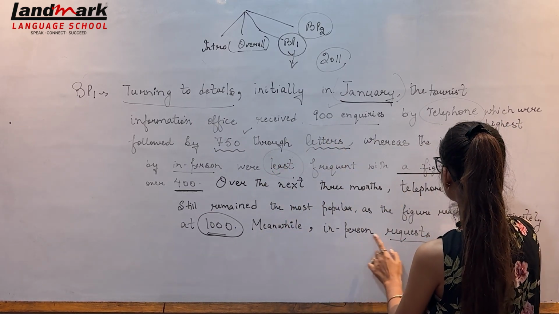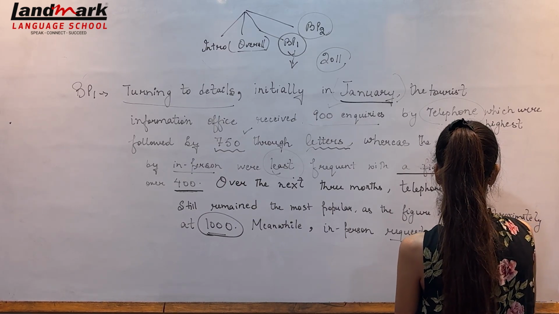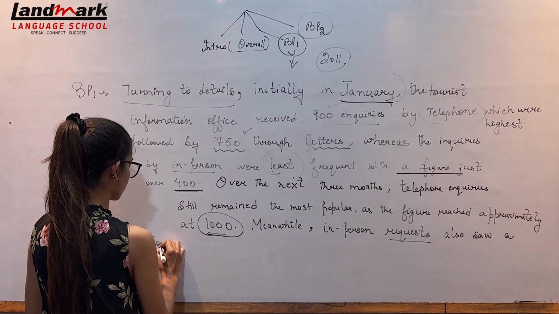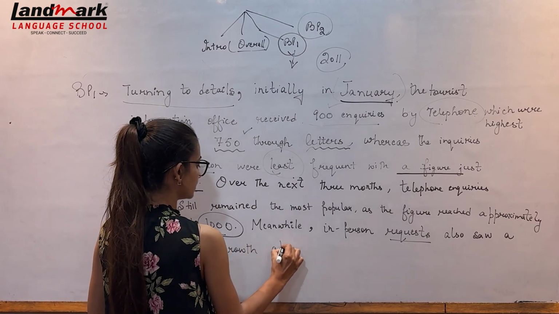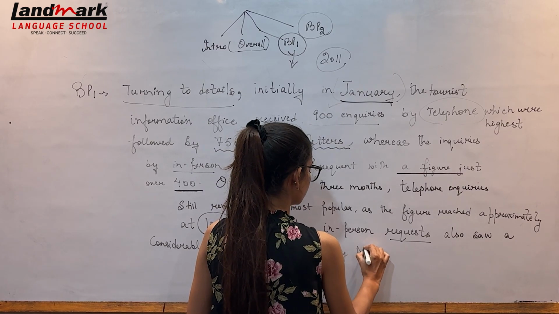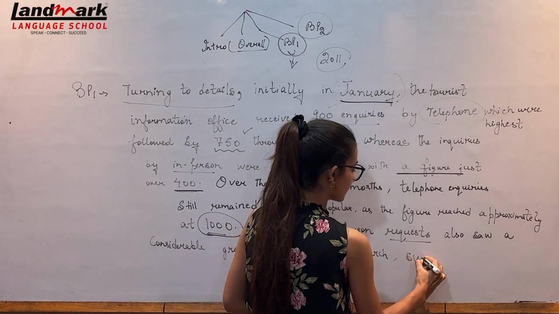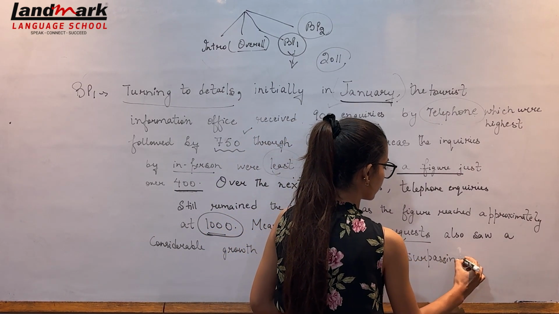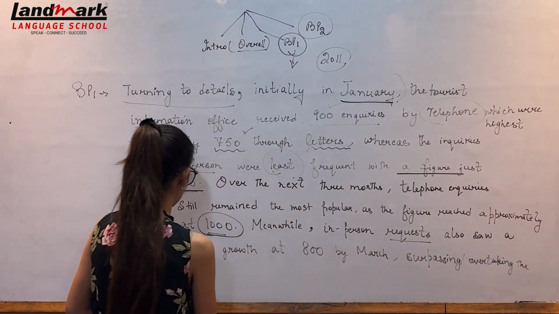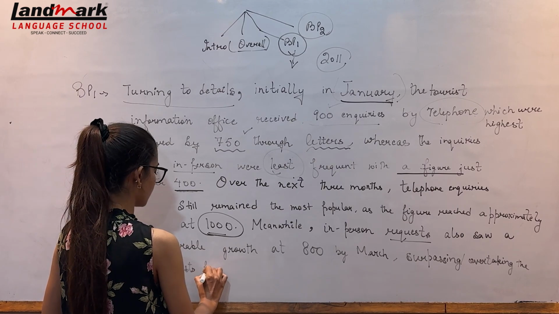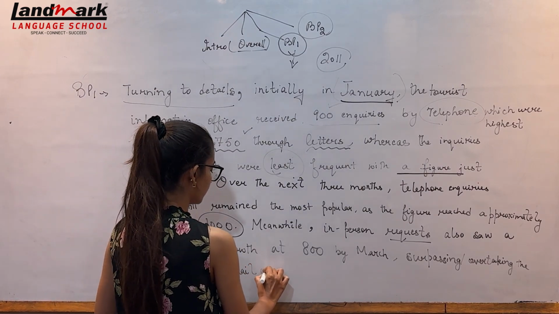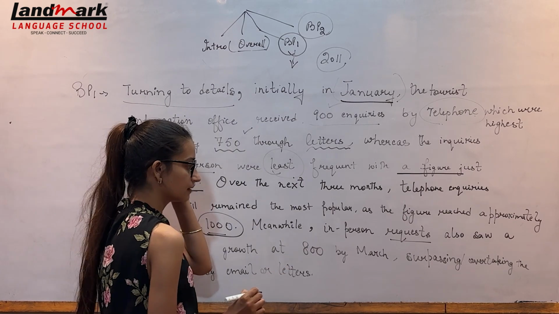So meanwhile, in-person requests also saw a considerable growth at 800 by March, surpassing, or you can write overtaking, the requests by email or letters, right?